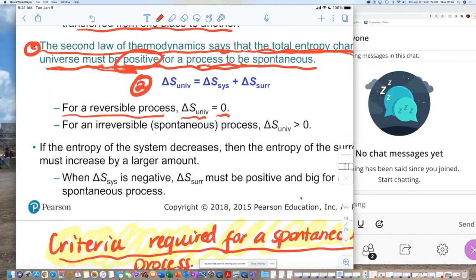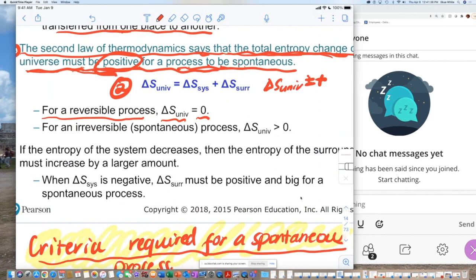Since delta S of the universe has to be positive, and 0 is neither positive nor negative, a reversible process is not spontaneous. But an irreversible reaction, which we also call spontaneous, has a delta S of the universe greater than 0, which means positive.